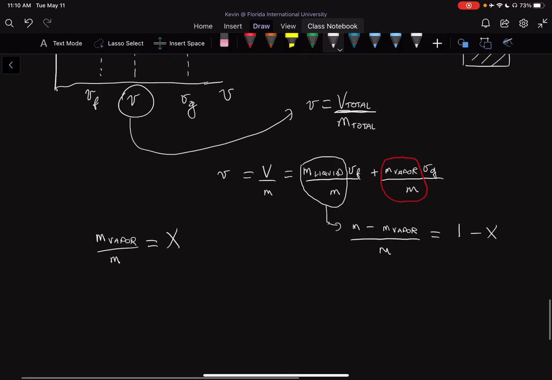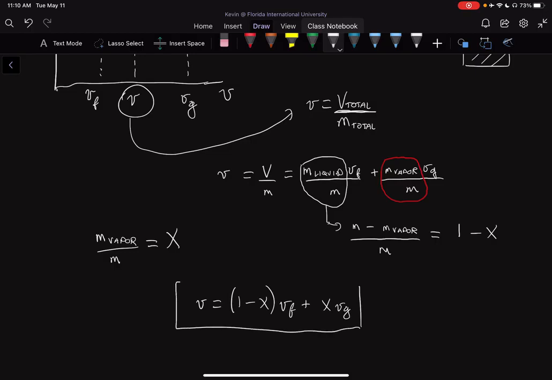So we can rewrite our expression as v is equal to (1 minus x) times Vf plus x times Vg. And this equation is valid within the saturated mix region.